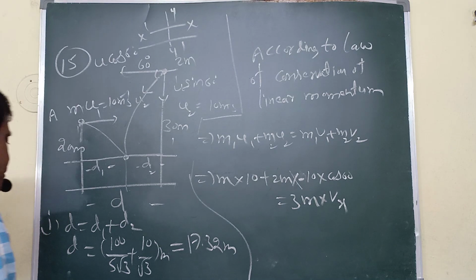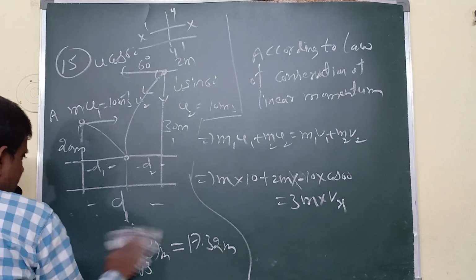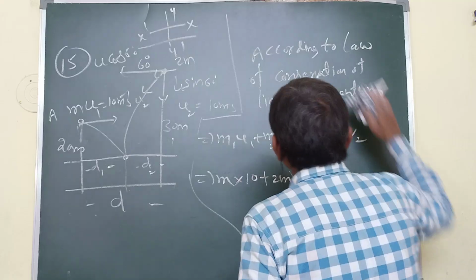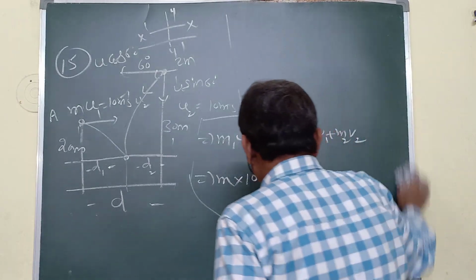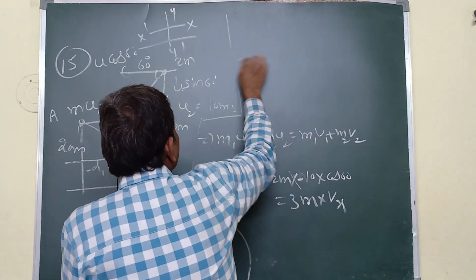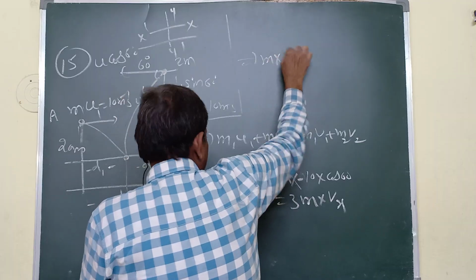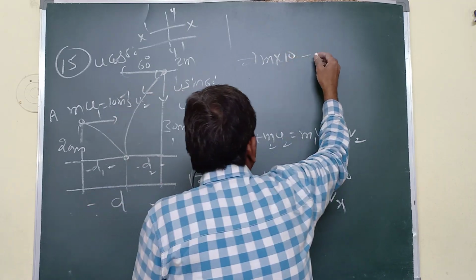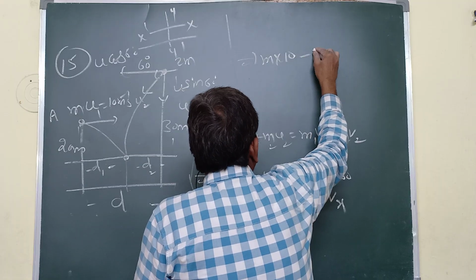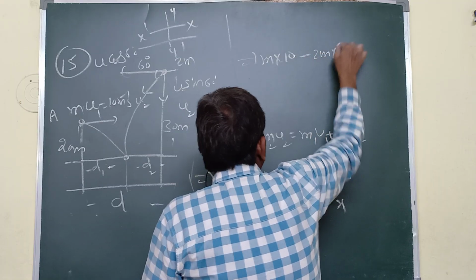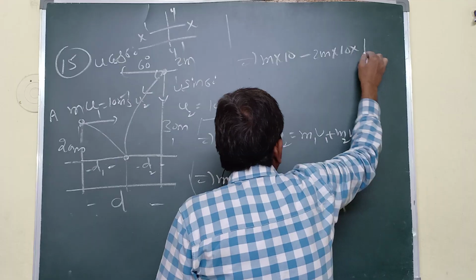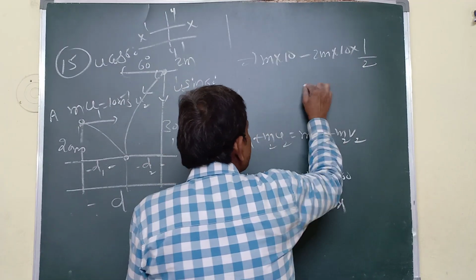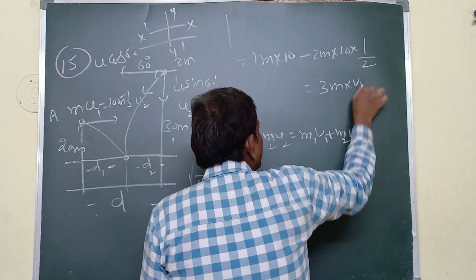Then what happens? This implies m into 10 minus 2m into 10 into cos 60, 1 by 2, equals 3m into Vx.